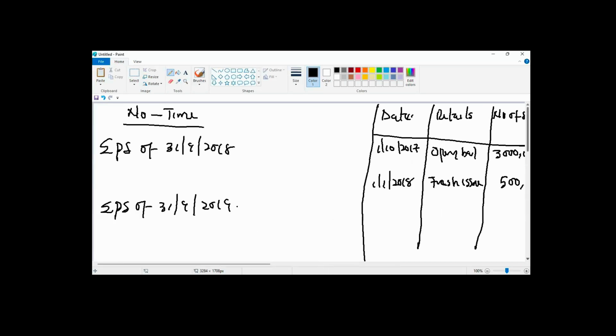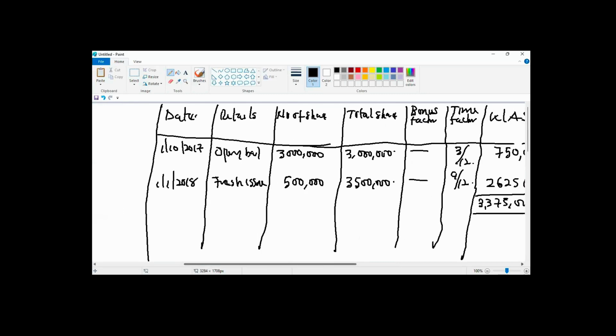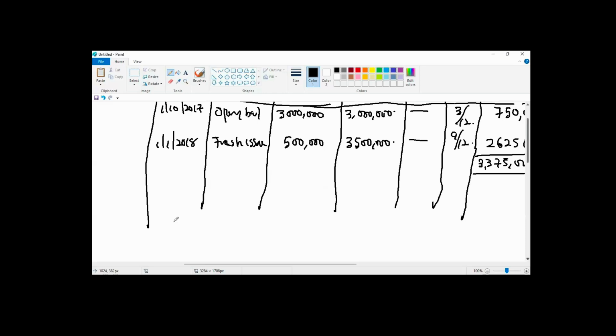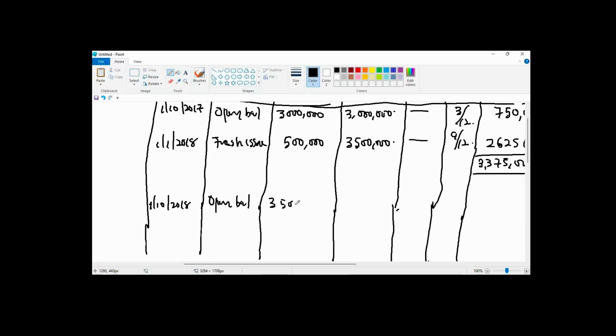I will now go to the next year. 1st October 2018. What is the opening balance now? Where is the opening balance? If you pick 3.375 or subtract, it is 3.5.